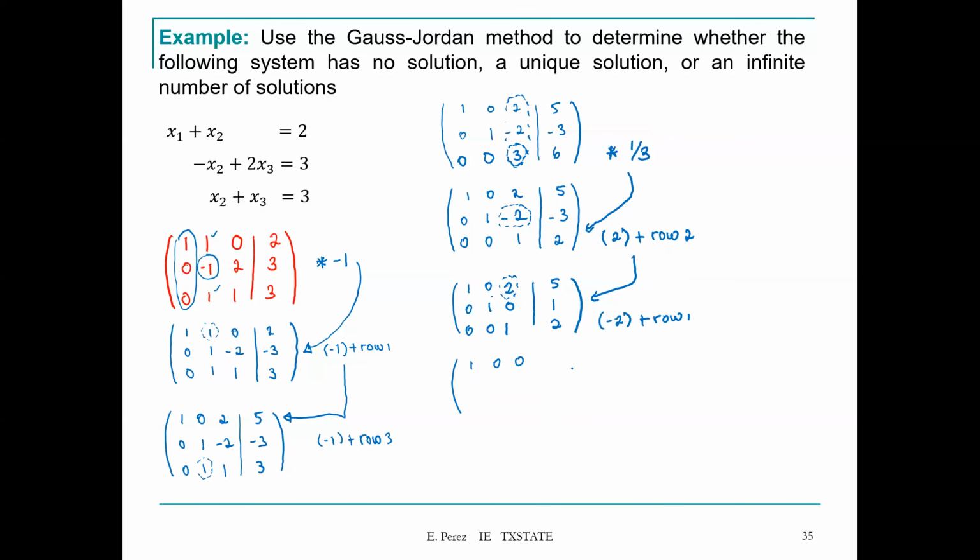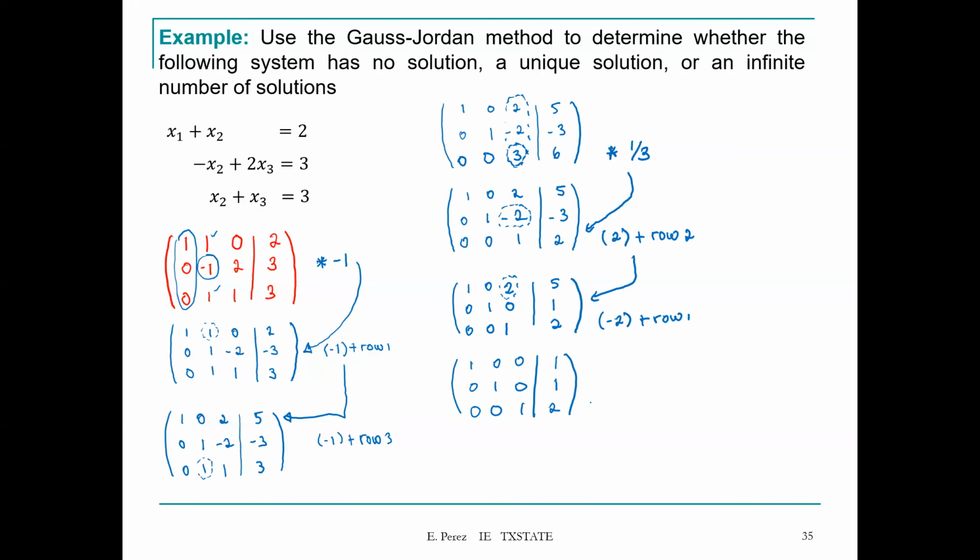Since you multiply this by -2 times 2, that's -4 plus 5, that's 1. So this is 1. Then we get 0, 1, 0, 1, and we get 0, 0, 1, 2.